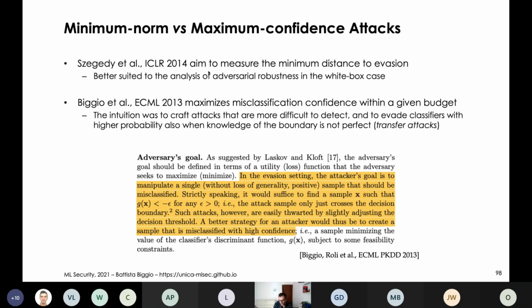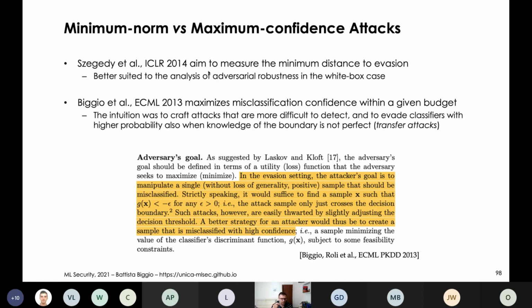In fact, the question would be, why should I, as an attacker, stick to minimum perturbations or imperceptible ones? If you think about this, and we will expand on this problem a little bit later, it should be clear that this is less interesting. First, because attacks with minimum perturbations might be easier to detect. Imagine if you just change the decision threshold a little bit, then you can spot them again.